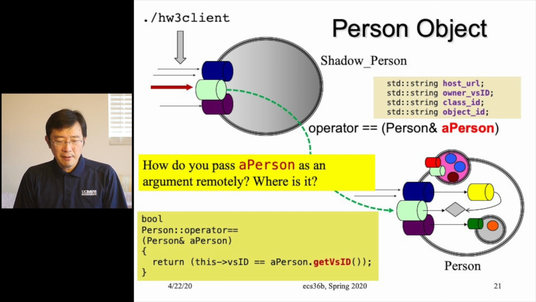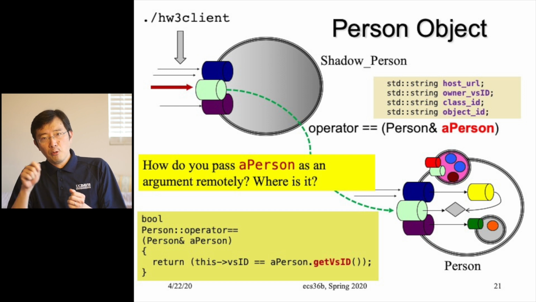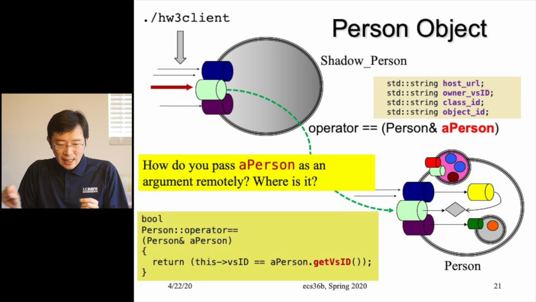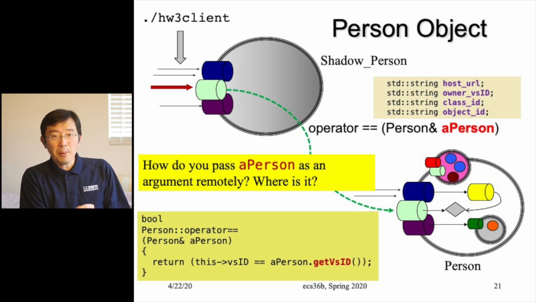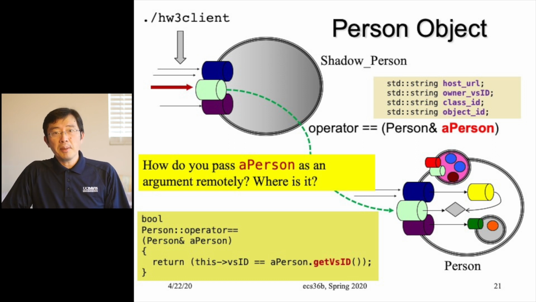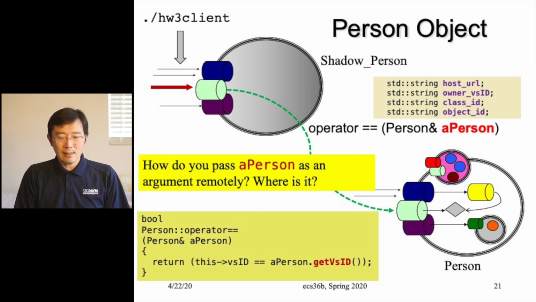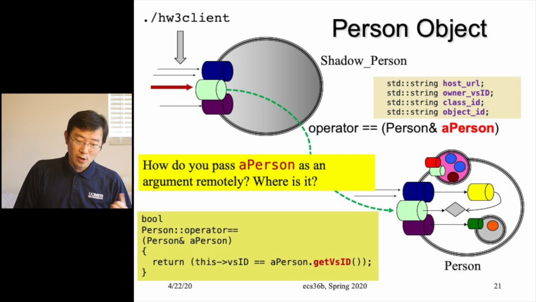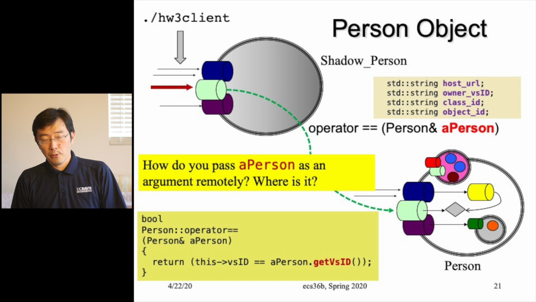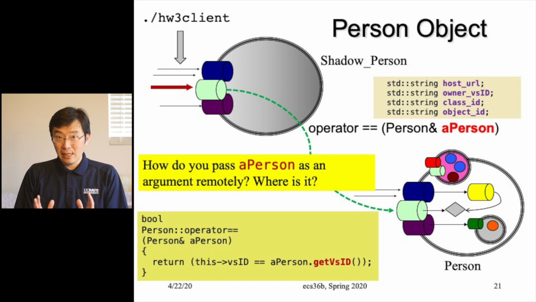But what happens if that a person is somewhere else? Then essentially you need a secondary redirection. You need to relay the second part of this statement to a remote location and get back the VSID. And then you do the comparison, and then you send back to the original Homework 3 client. So that actually now potentially involves 3 sites.